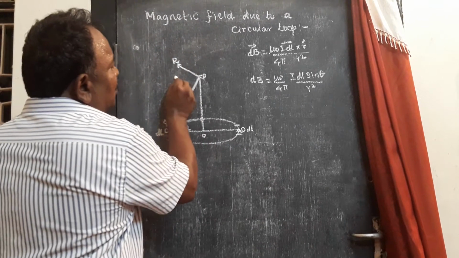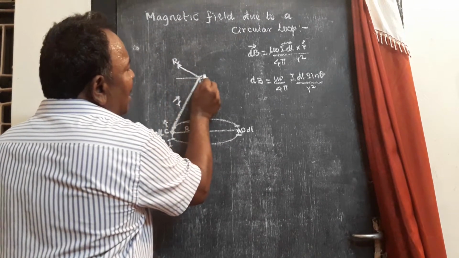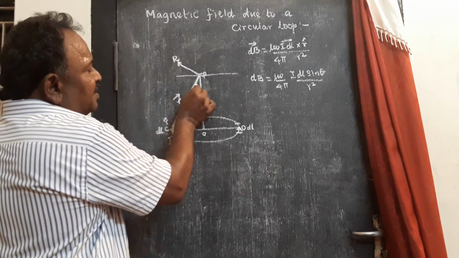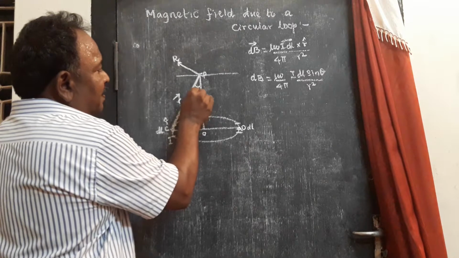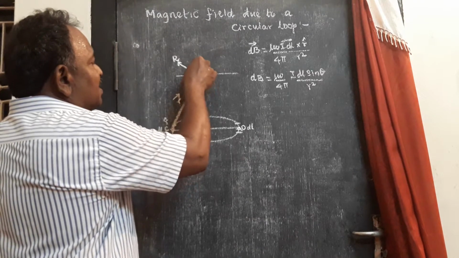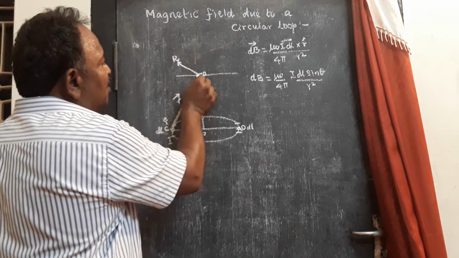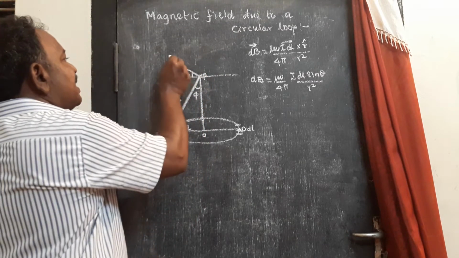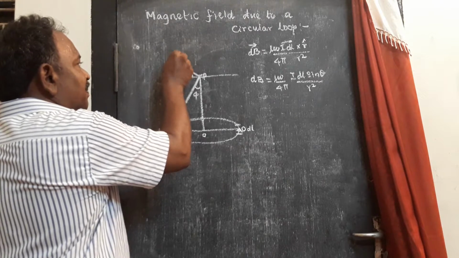So you draw a parallel line to this radius. If this angle is phi, this angle is also equal to phi. So this is the direction of dB.